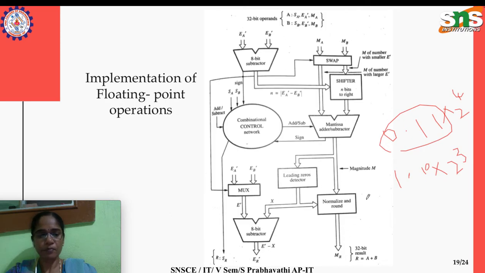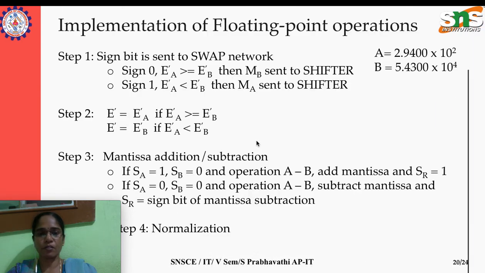So that's it about the implementation of the floating point addition and subtraction unit. This is for addition and subtraction, not for multiplication and division. There are four steps. The first step is to check the exponent. Based on that exponent value, we need to shift the mantissa.